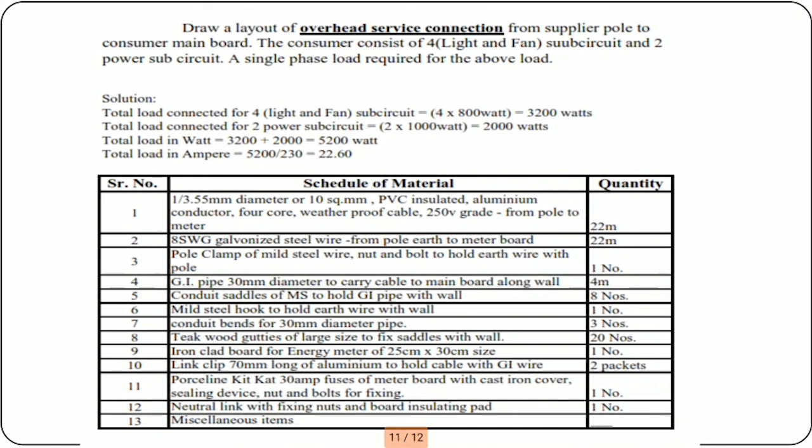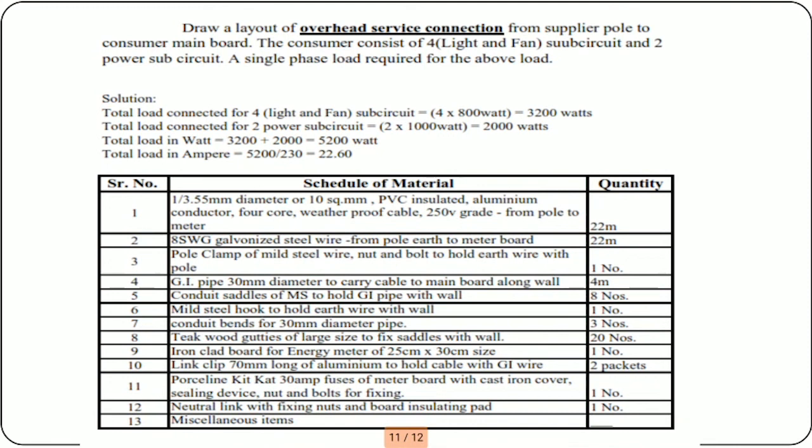Now prepare the list of material for the 22 ampere load current. As per the ampere or load current, we take the size of wire as well. So first we need the wire or cable: 1 by 3.55 diameter or 10 square PVC insulated aluminum conductor 4 core weatherproof cable, 250 volt grade, from pole to meter, it is 22 meter.